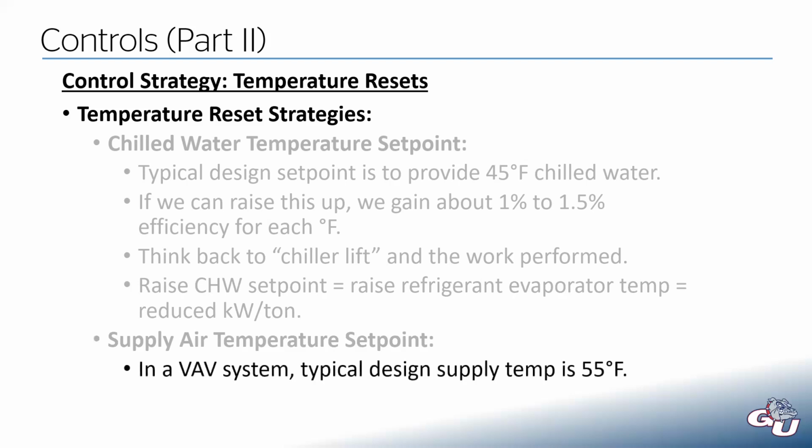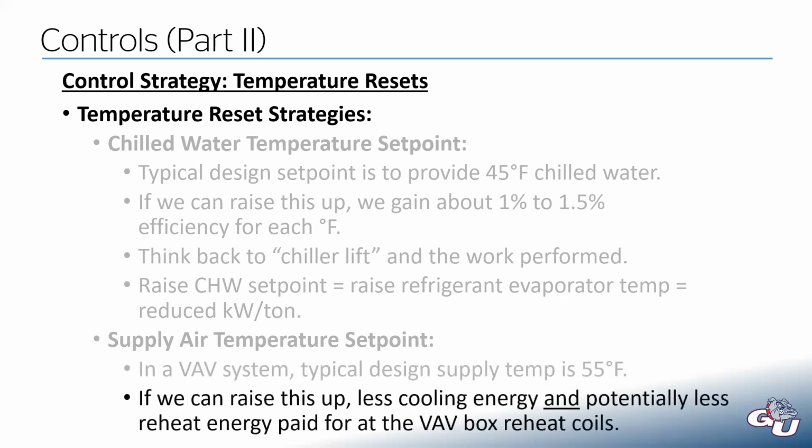If you have a VAV system, recall that's one of the systems that is always providing cool air, usually around 55 to 65 degrees all the time. And then you have the reheat boxes that will heat up the air before it gets delivered to each individual space.